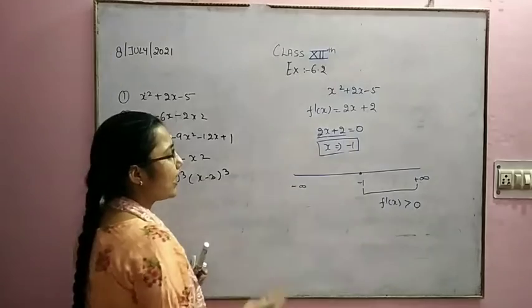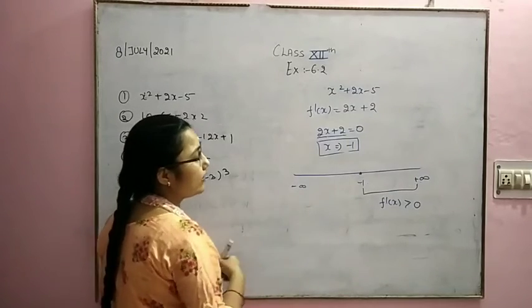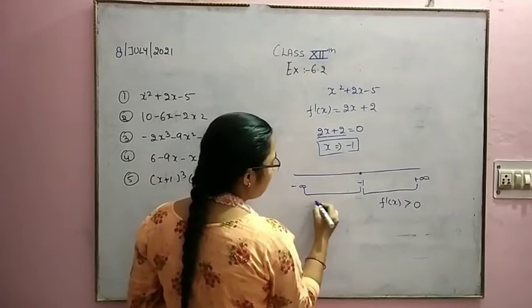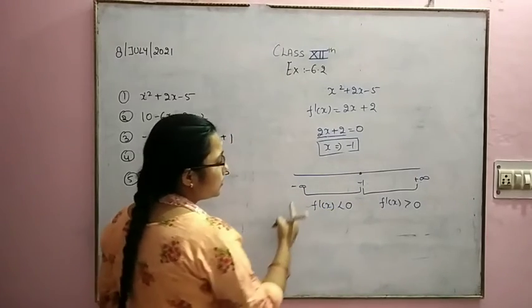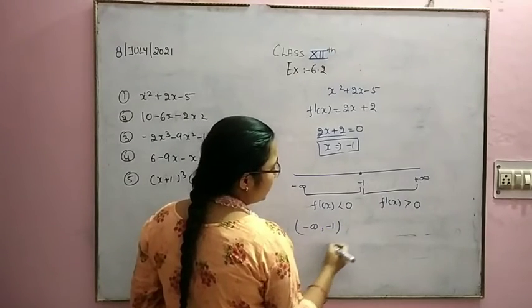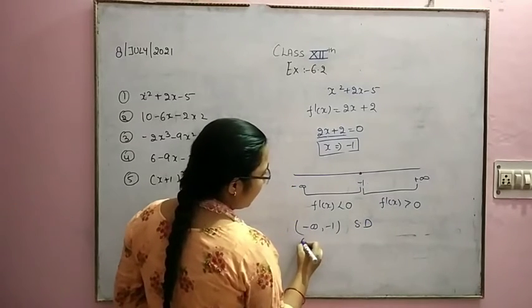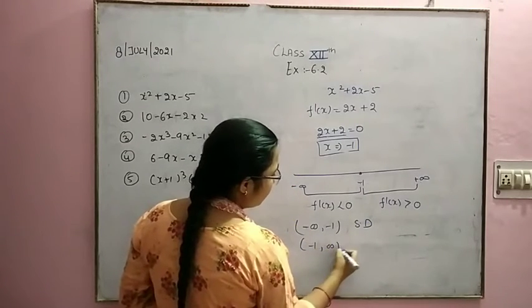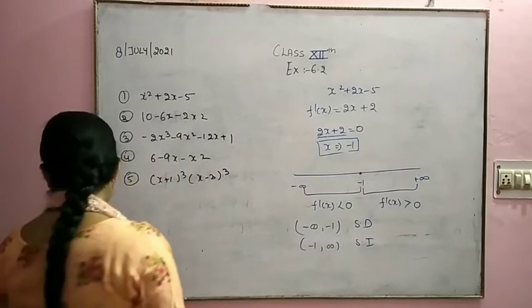As we move continuously to the left we get negative values for f dash x. So minus infinity to -1 is the interval for strictly decreasing function, and -1 to infinity is the interval for strictly increasing function.